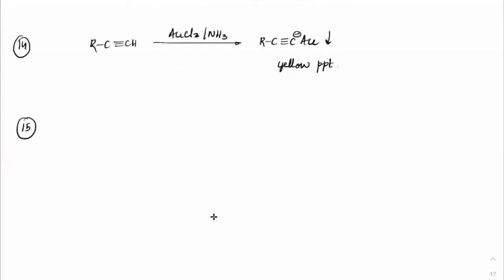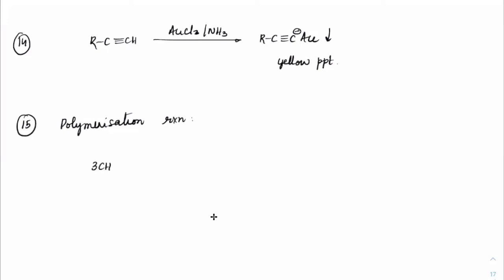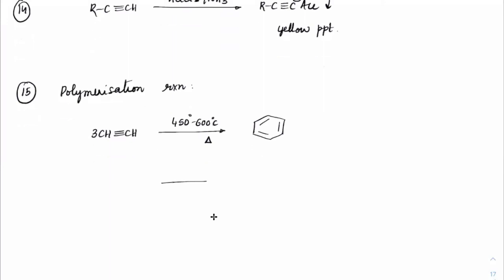Next reaction is polymerization. Suppose I take 3 moles of CH triple bond CH, 3 moles of acetylene, and heat it at around 450 to 600 degrees centigrade, it will convert into benzene. Or you can treat the same thing with a red hot iron or copper tube.